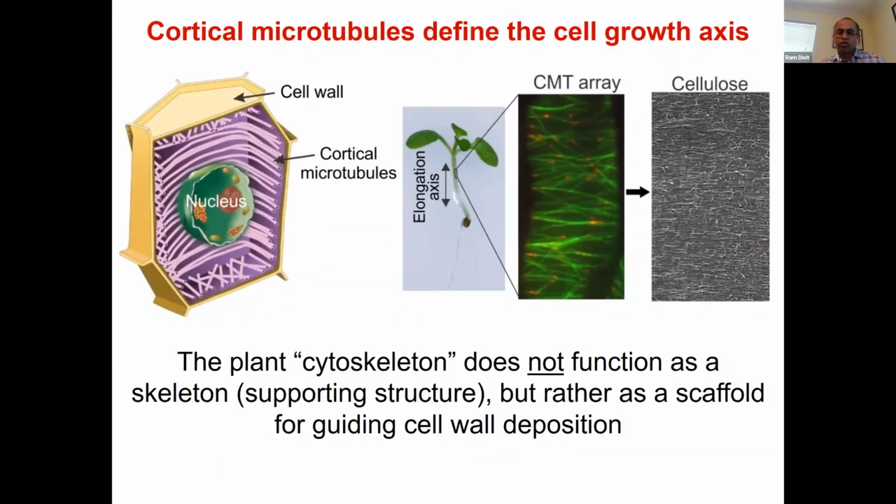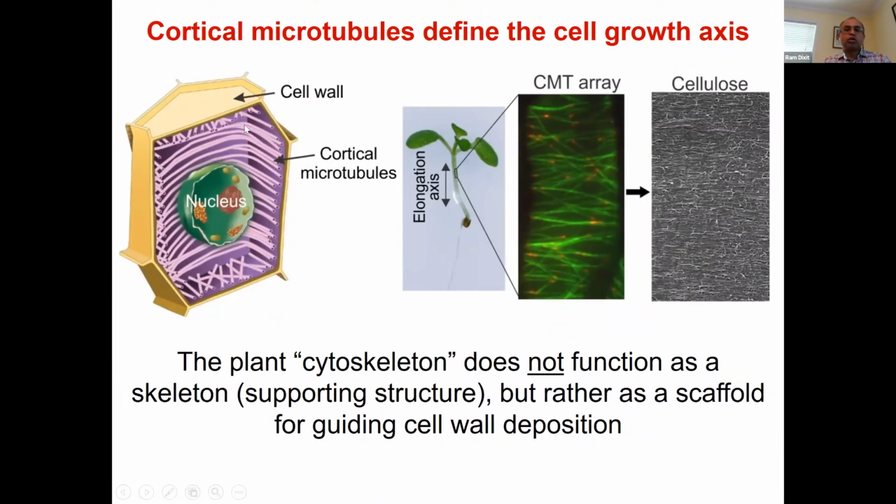Animal cell morphogenesis has a lot to do with the actin cytoskeleton, causing lamellipodia and filopodia to form, cells to migrate, and so forth. Plant cell morphogenesis is primarily a microtubule driven process. Actin is important as well, but if you depolymerize the microtubule cytoskeleton using drugs, for example, cells balloon. If you depolymerize the actin cytoskeleton, there's a little effect, but not a huge effect.